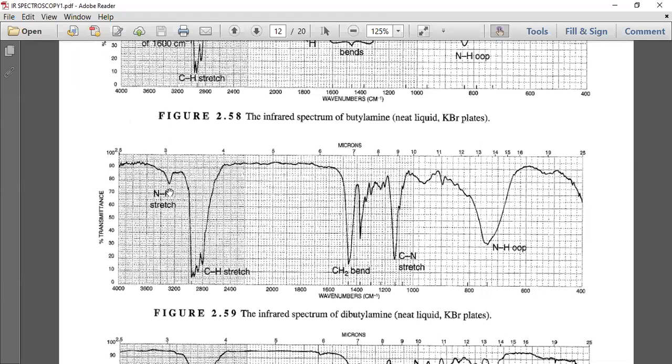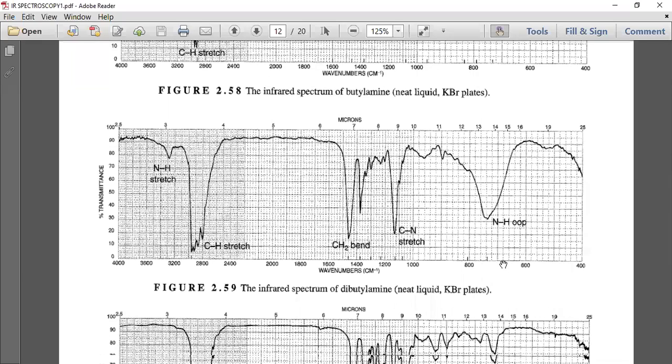Because of that, it is giving a sharp peak. Of course, amine peaks are less intense, weak to medium intensity, whereas alcohol peaks are very strong.